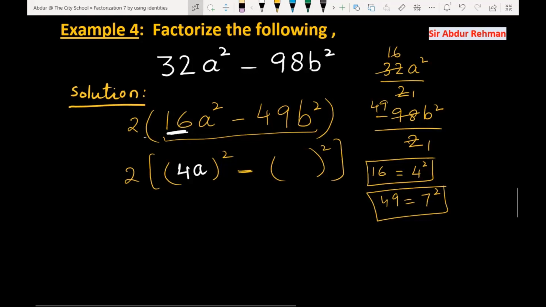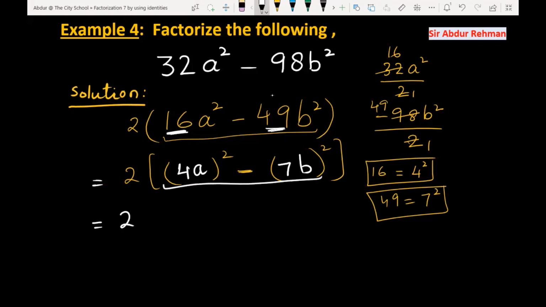Now for 49, 49 is a perfect square, and we know 7 square is equal to 49, and write down b to copy. Now for 4a square minus 7b square, the factorized form is 4a minus 7b times 4a plus 7b.